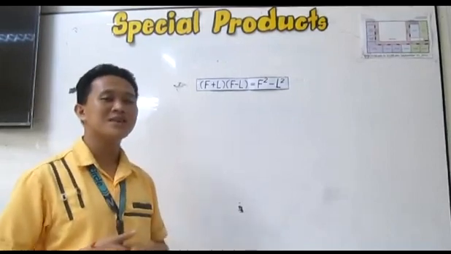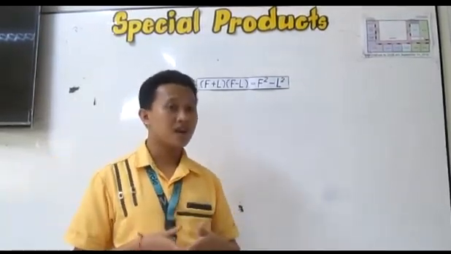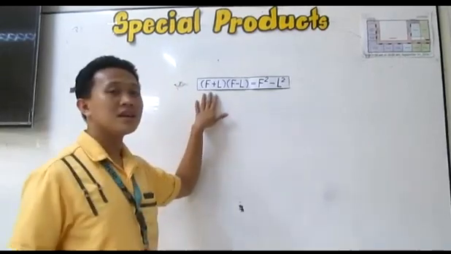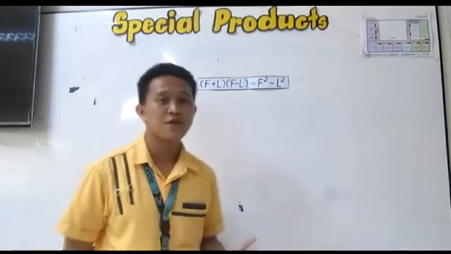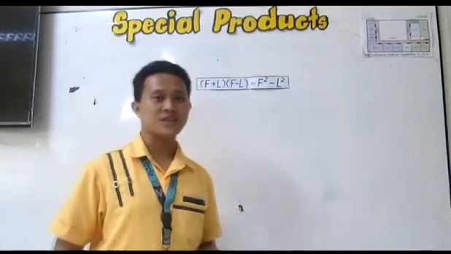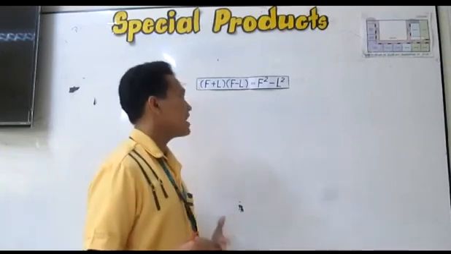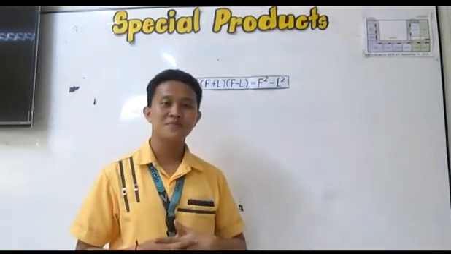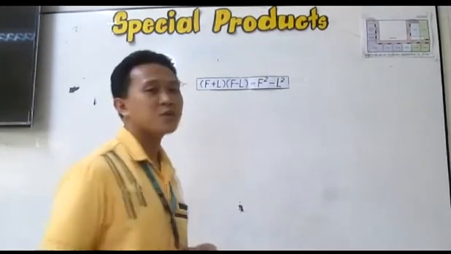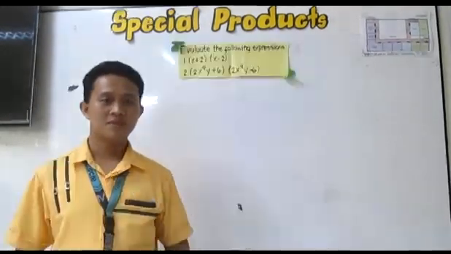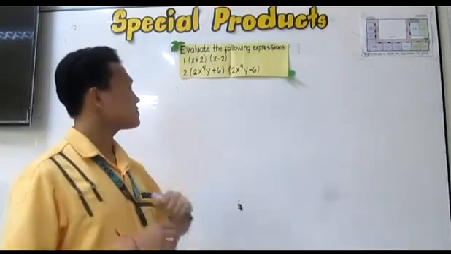So if you are going to encounter a product of a sum and difference of binomials, for example, the quantity f plus L, where f stands for the first term and L stands for the last term, multiplied to quantity f minus L, it's simply equal to the square of the first term subtracted by the square of the last term. Let's try to evaluate the following examples.